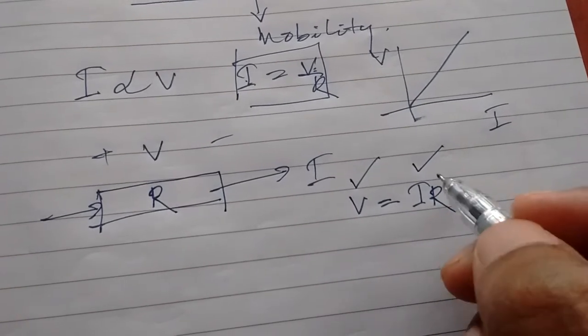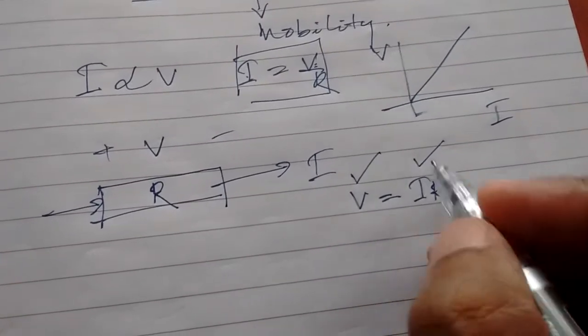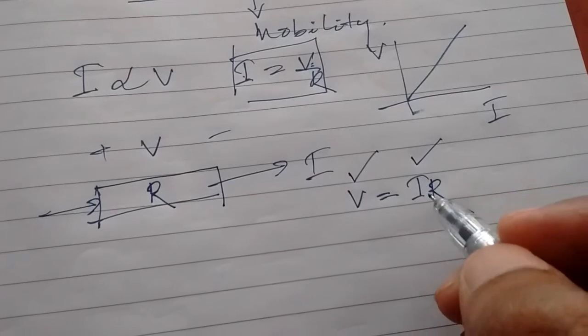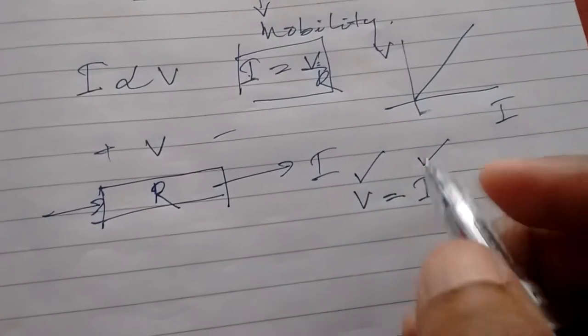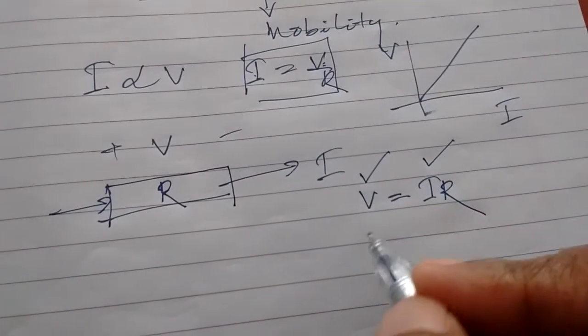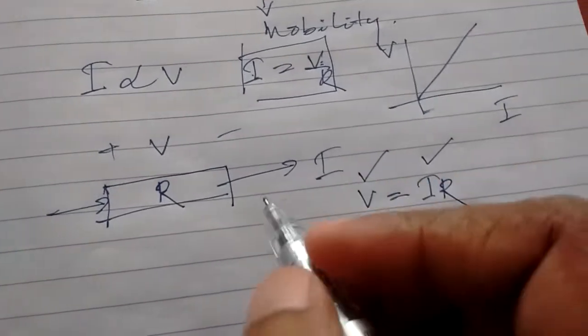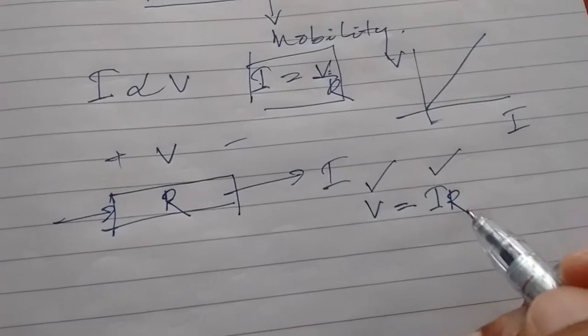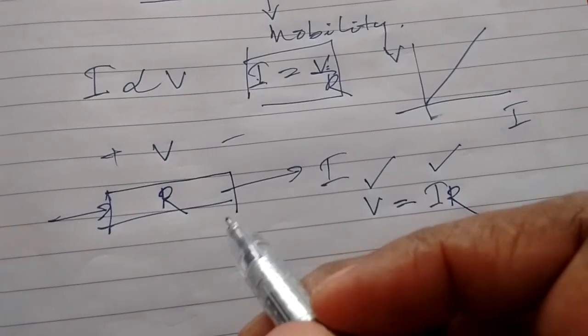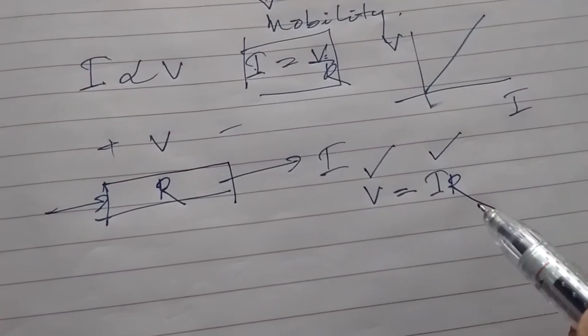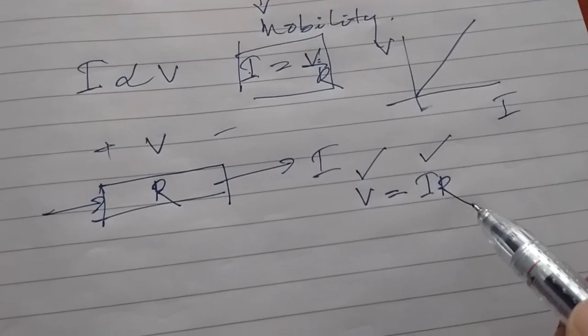If current increases, the heat produced by the current, you will study later, also increases. If heat increases, the temperature increases. If temperature increases, the resistance also increases in case of conductors.